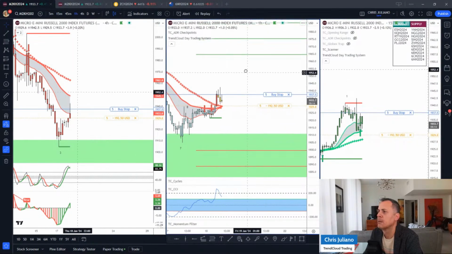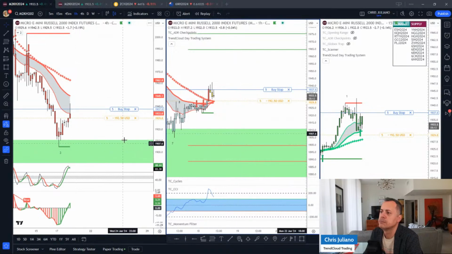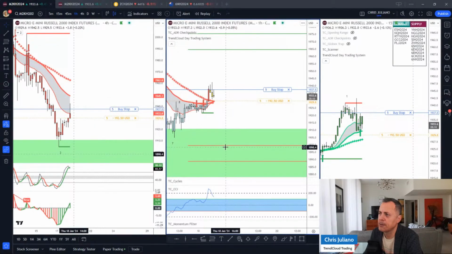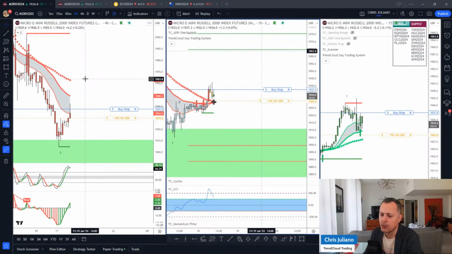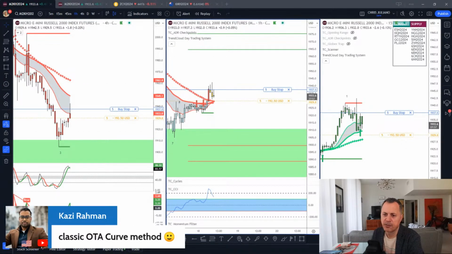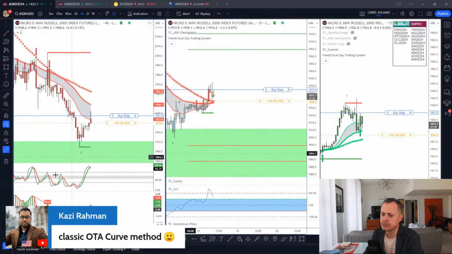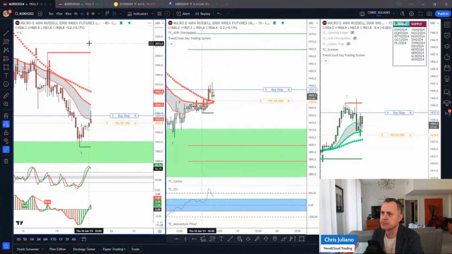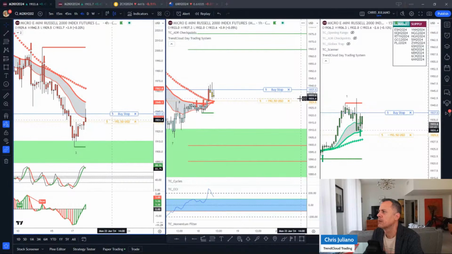Might pull all the way back to our demand zone here. We don't know. Yes, that classic OTA curve method with the Fibonacci, right? With those Fibonacci lines. All right.